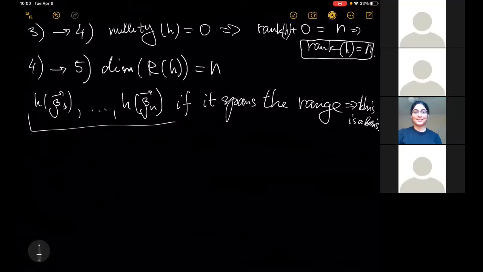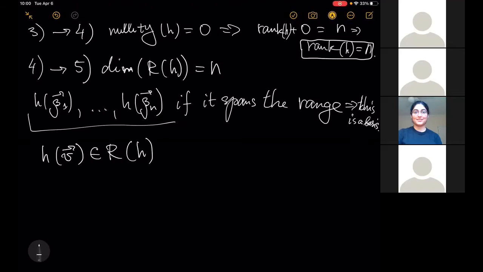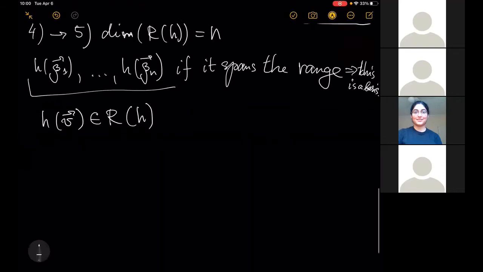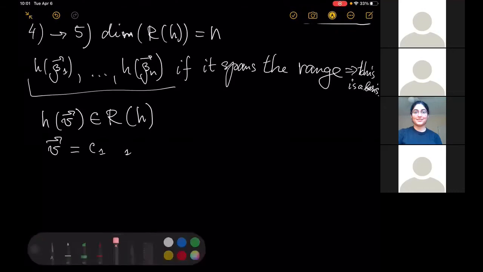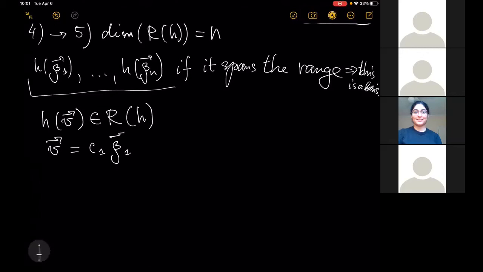Let us consider some vector from the range H of V. So it belongs to the range of the homomorphism. Let us express the corresponding V as a linear combination of basis vectors in the domain.